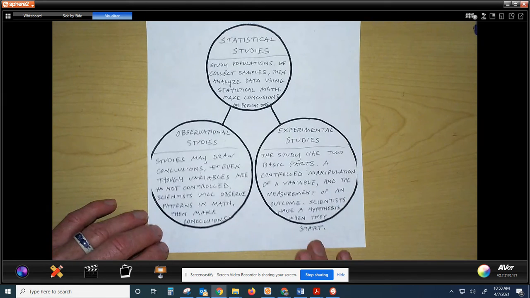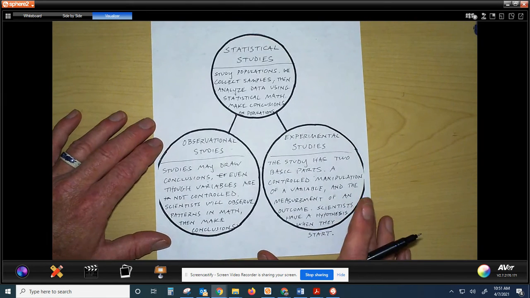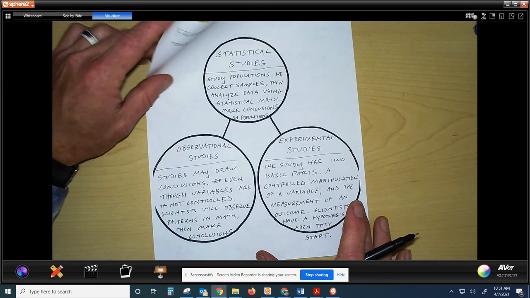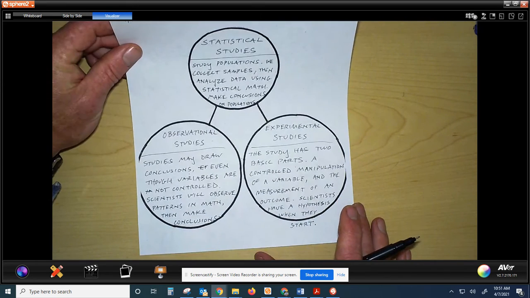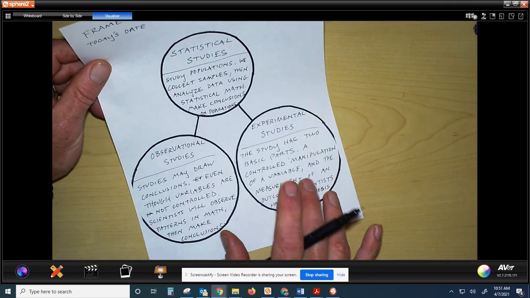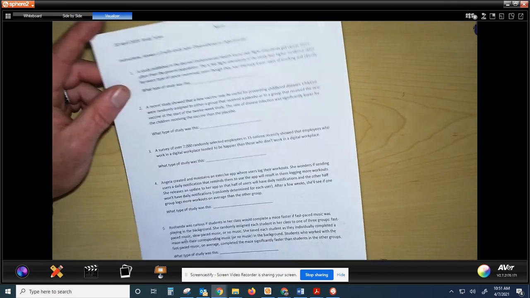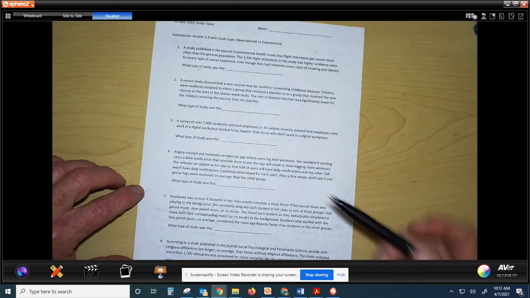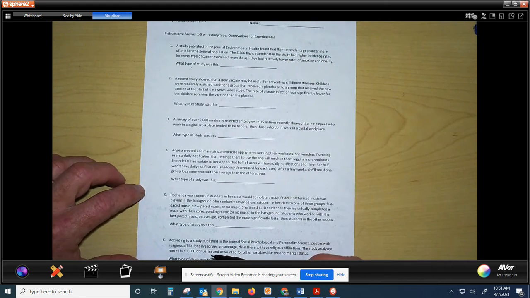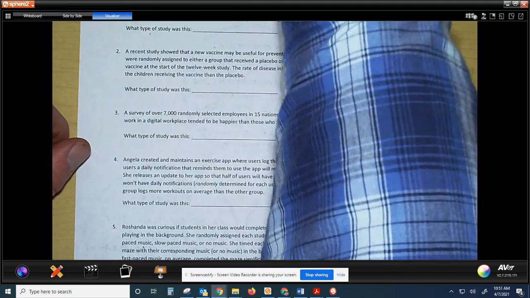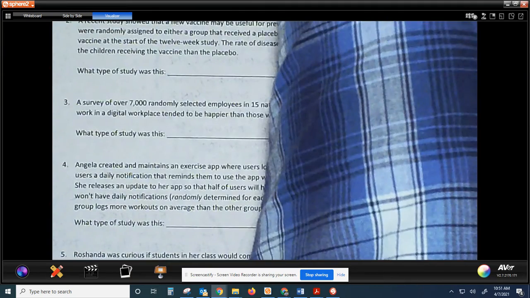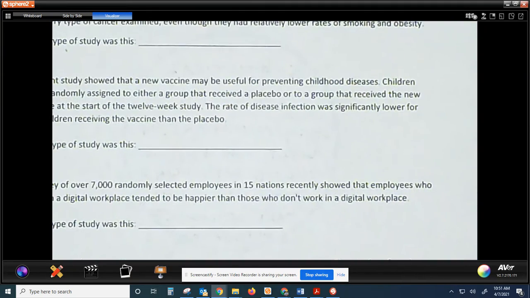Let me zoom back out. At the end, I'm going to bring these back up. I'm making a video, so I want to go to a couple examples, and then I will bring these back up for those of you in class. So I'm going to turn my paper over, and I see 1 through 6 examples where I'm going to try to read this narrative and figure out what they're talking about.